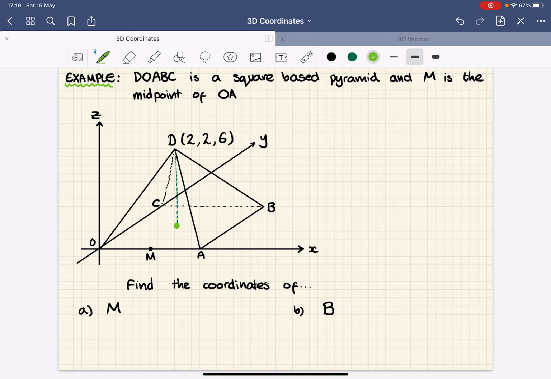So at the very base of the pyramid, that's dropped down, that is going to be 2, 2, 0.